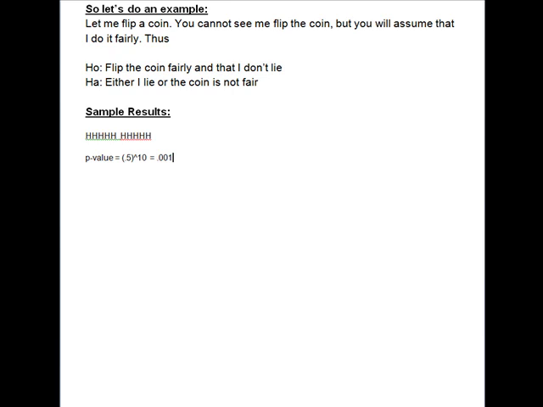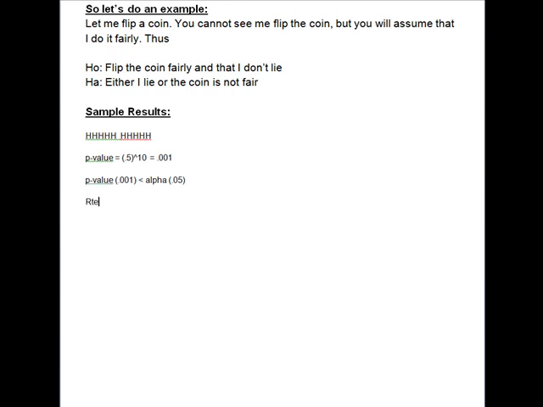Now, alpha is 0.05, our willingness to be wrong, and the p-value is less than alpha. So this sample result is really unlikely under this assumption, so that assumption is probably false. Our p-value of 0.001 is pretty unlikely to get that sample result if H0 is true. It's less than alpha of 0.05.